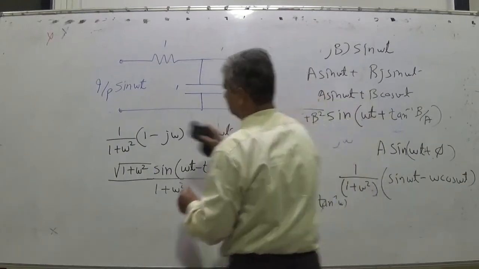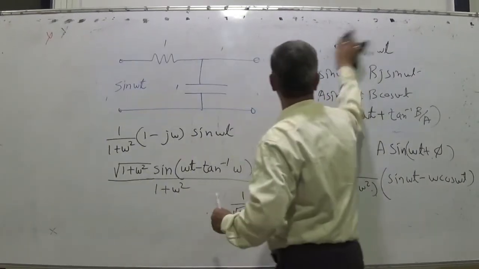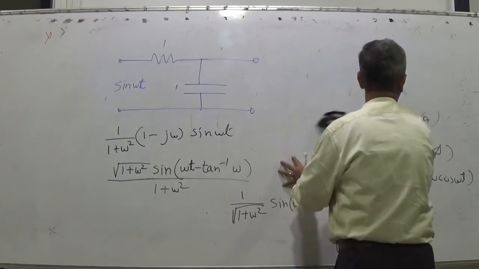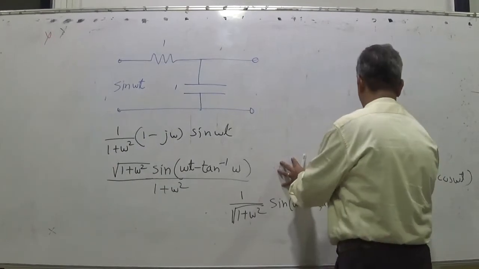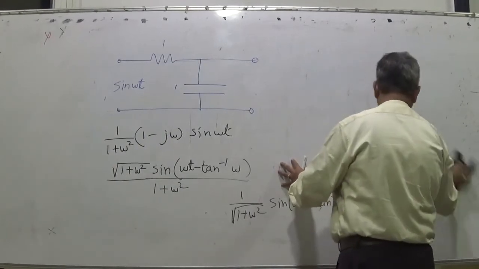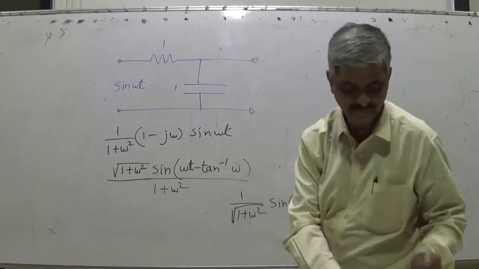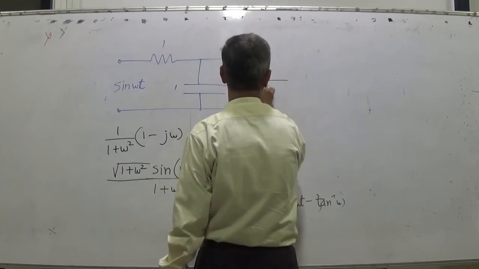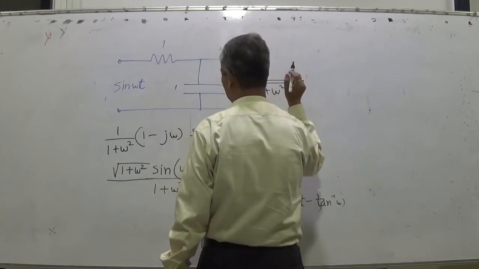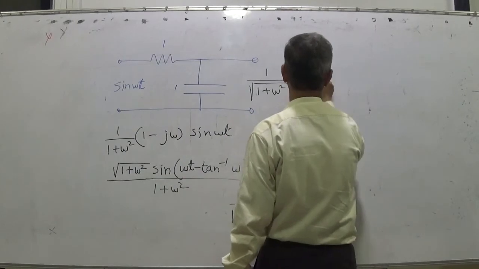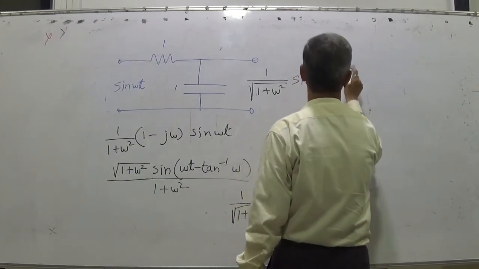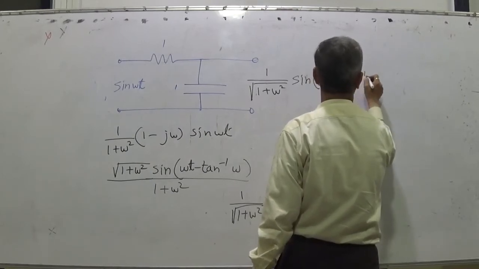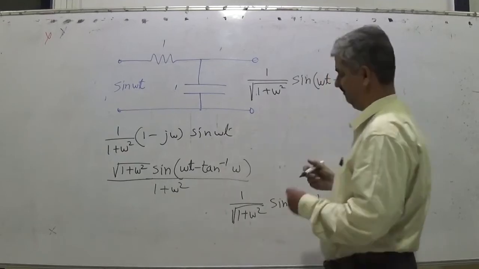If the input is sine omega t, the output will be 1 upon under root (1 plus omega square) times sine of (omega t minus tan inverse of omega).